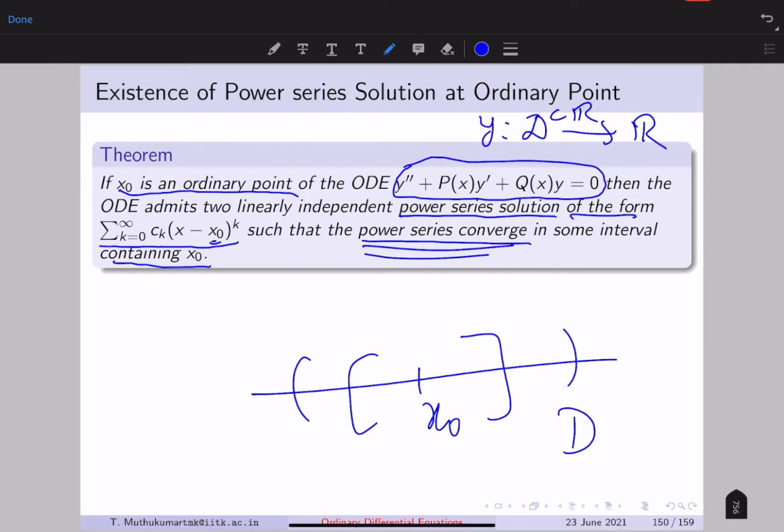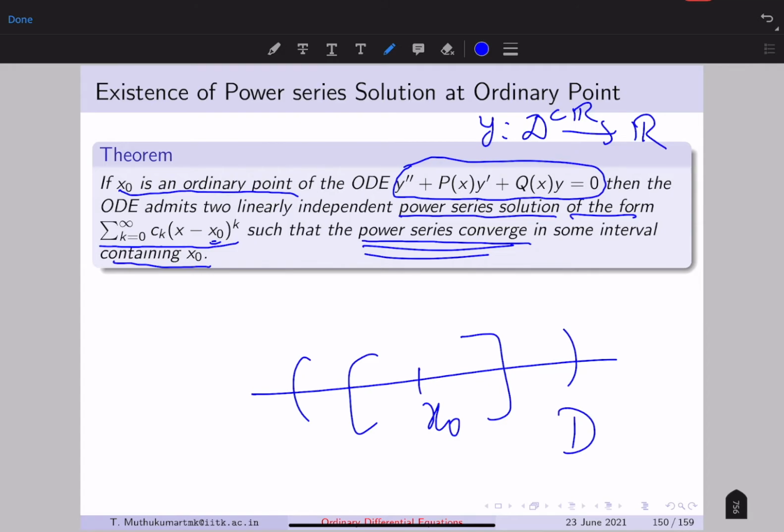If you recall Picard's existence theorem and so on, which we have done in the earlier lectures, you know that existence is usually shown in a neighborhood. There is an h such that the solution exists in x0 minus h comma x0 plus h. Okay, so that's the statement of this theorem.